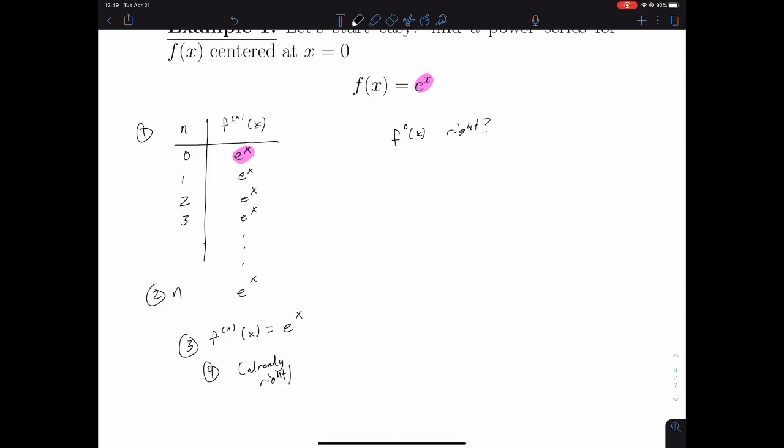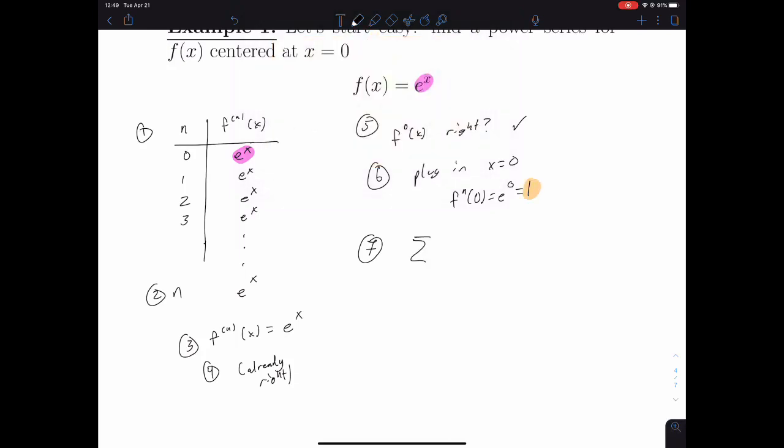Well, yeah, so this was step 5. Again, this step was a little bit silly. Step 6 is plug in x equals 0. So here, the nth derivative at 0 is e to the 0, which is 1. And step 7 is I literally write this number into my formula.